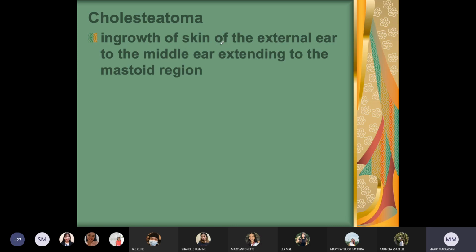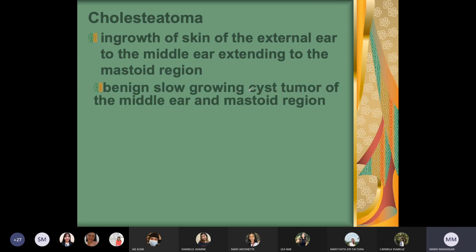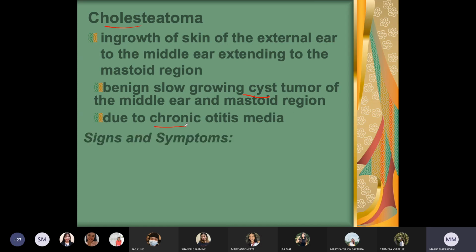Ingrowth of the skin of the external ear to the middle ear, extending to the mastoid region. That is your cholesteatoma. So it is a benign, growing cyst tumor in the middle ear and mastoid area. So paano siya nag-form? Due to repeated otitis media or chronic otitis media.